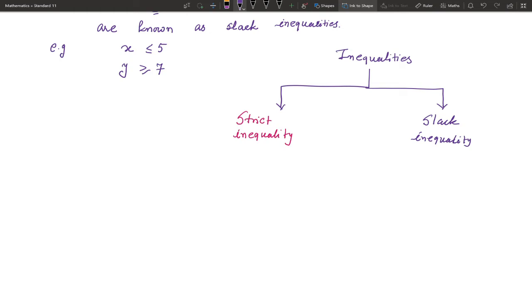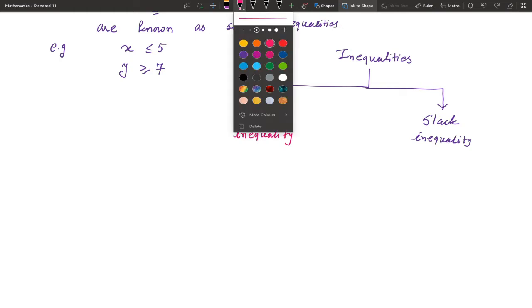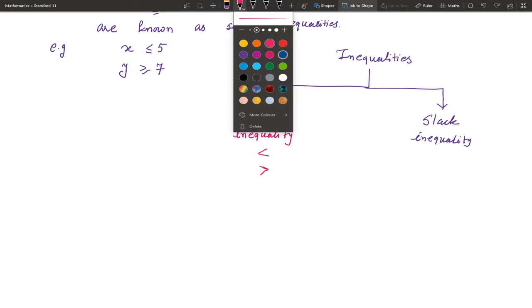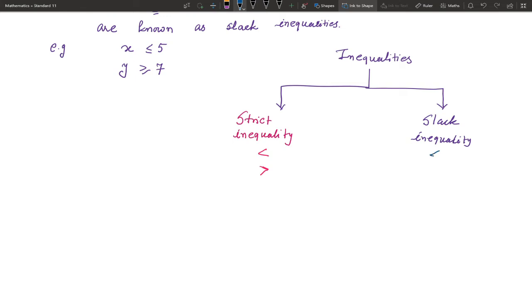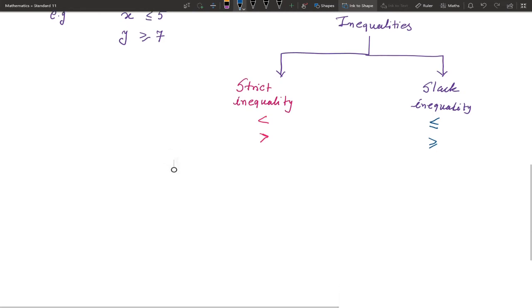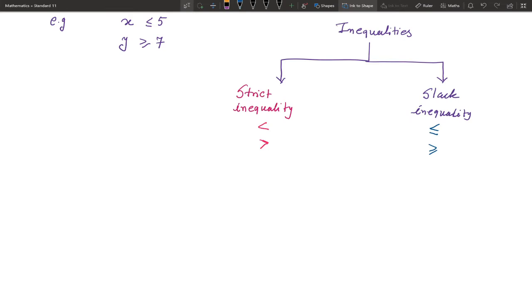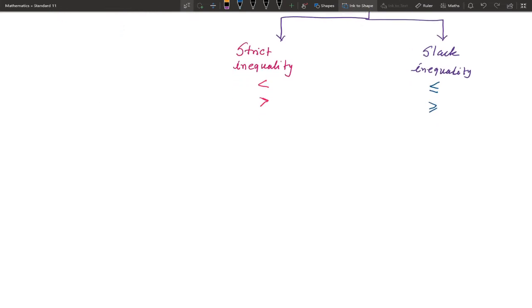In strict inequality, there will be only either less than or greater than, while in slack inequality, less than or equal to or greater than or equal to. Now another definition is double inequality.